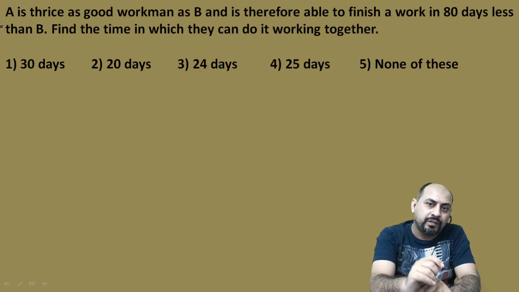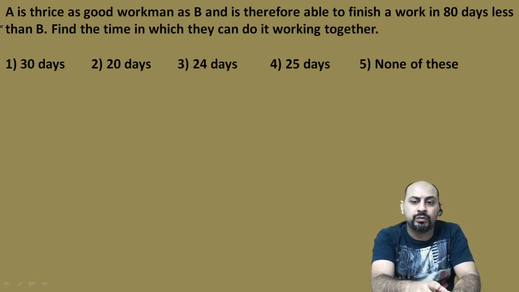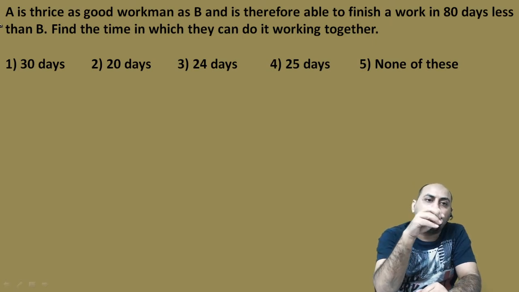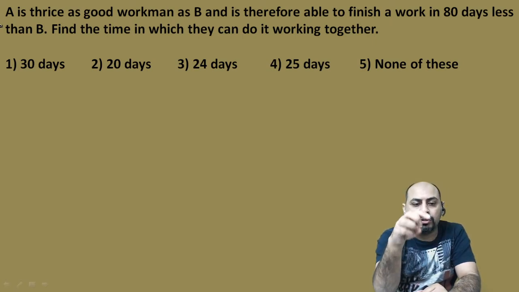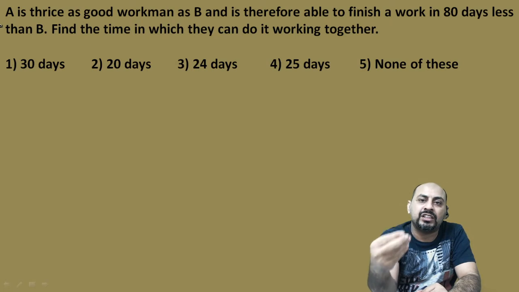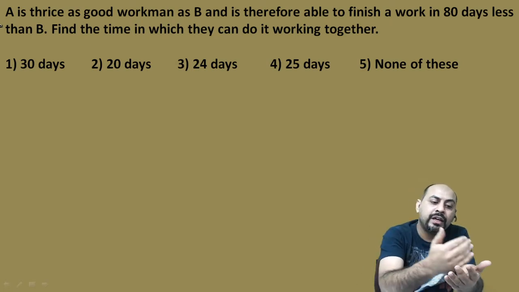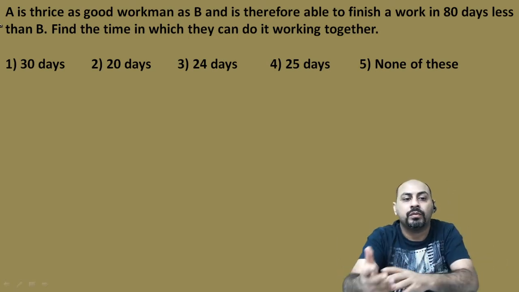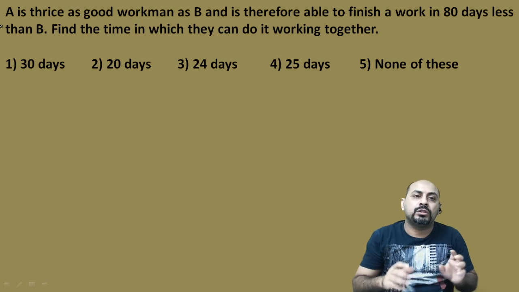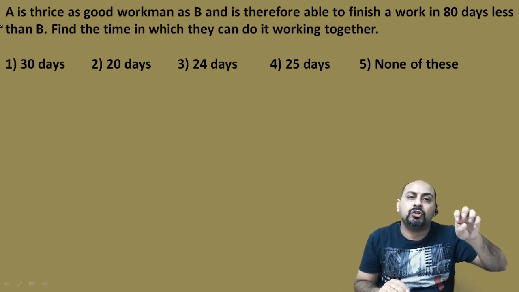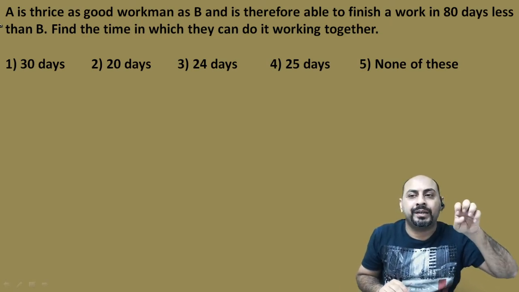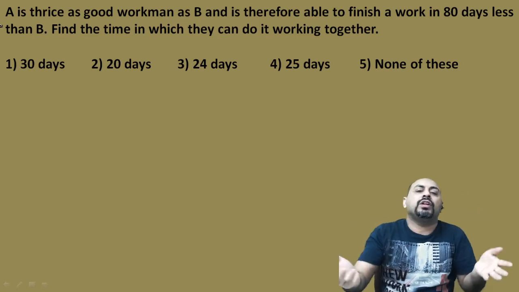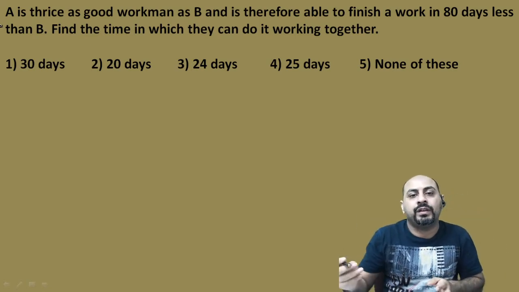So you must have observed that in the previous 2 3 questions and this question as well, somewhere down the line the question is talking about the efficiencies, and it relates the efficiency of a person to the efficiency of the other person. So wherever in time and work questions there is a mention or comparison of efficiencies, you can use the concept of ratios very, very easily.